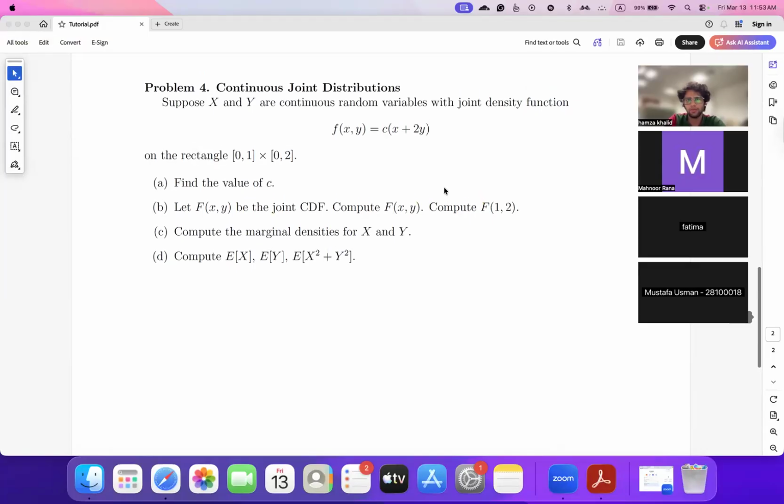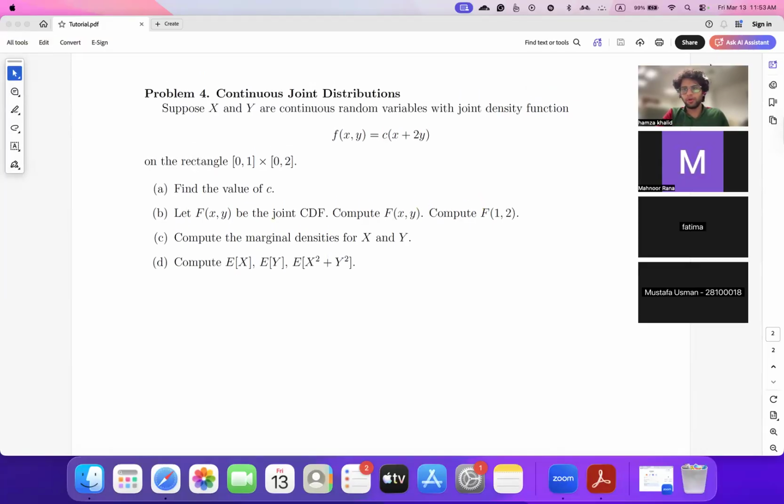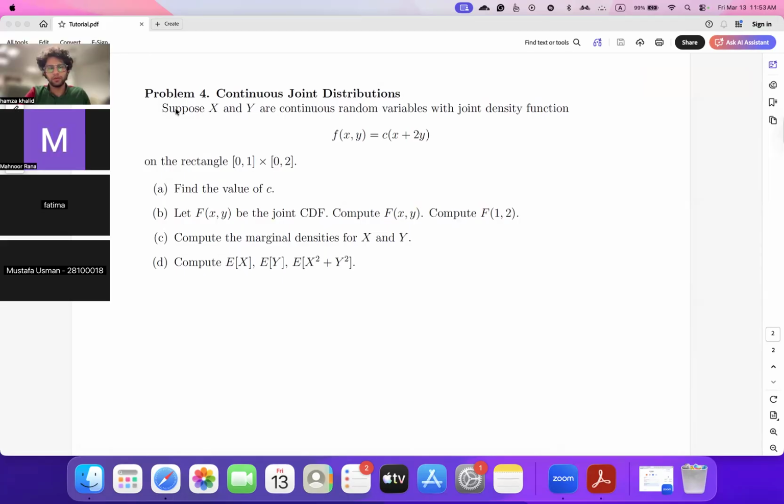I would want you guys to find the value of C. Please solve it and tell me the value of C. It's fairly simple, right? You want me to do it?